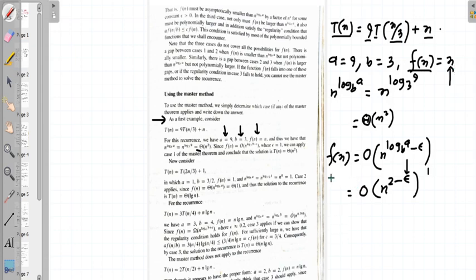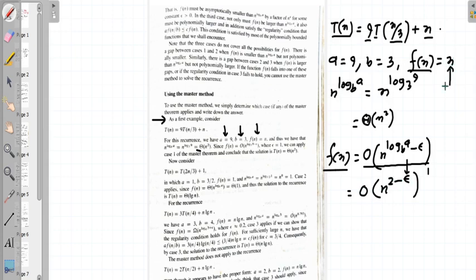So this is f(n) equal to n. What we have to compare is whether f(n) can be written in the form order of n^(log a base b minus epsilon). In this form, we are seeing that we can write order of n^(2 minus epsilon), and that will equal this n.